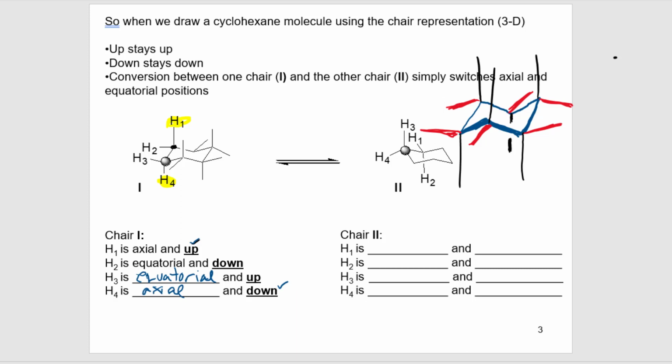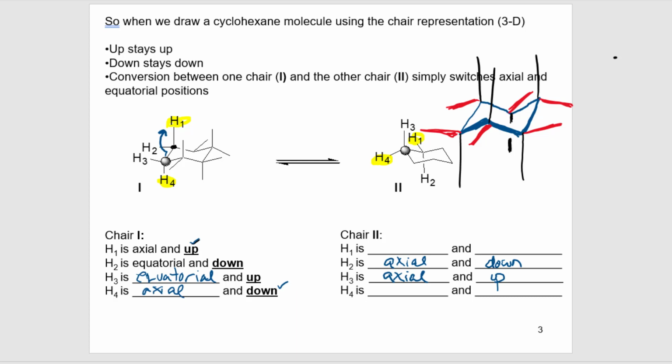Okay, in the ring flip, notice that I'm going to highlight H1 right here and H4. The beak flipped up. You can almost see it like flipped up. And now, in flipping up, the H3 is axial. So H3 is now axial. H2 is now axial. H3 is definitively axial up. H2 is definitely axial, but it's pointed down.